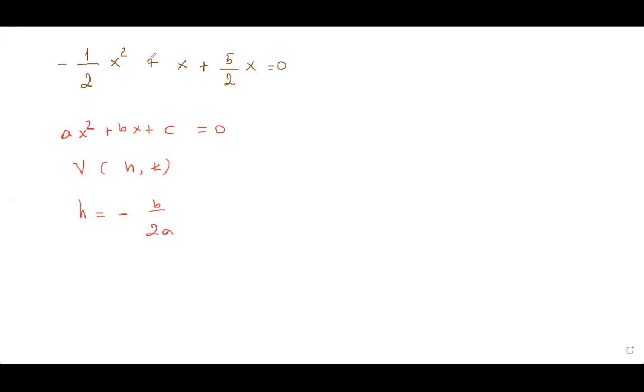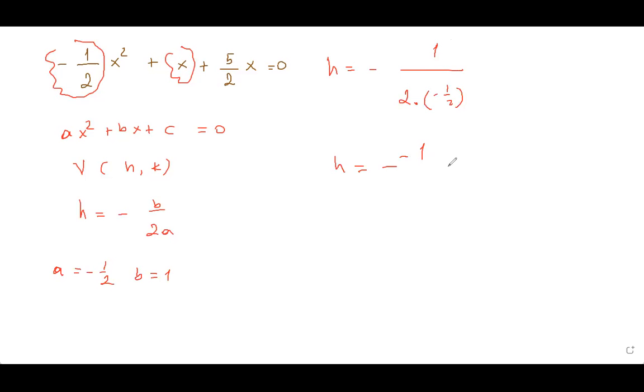Here a is negative 1 over 2, and b is 1. So h equals negative 1 over 2 times negative 1 over 2, which is negative 1 over negative 1, which is positive 1.